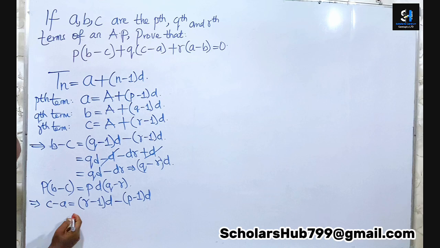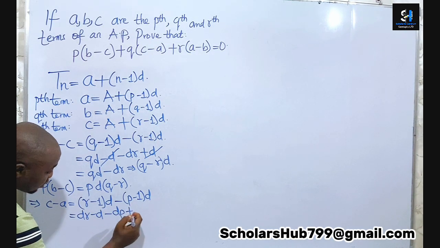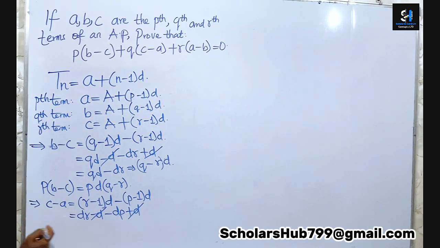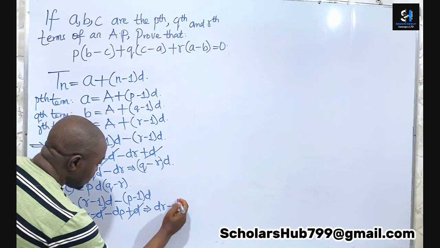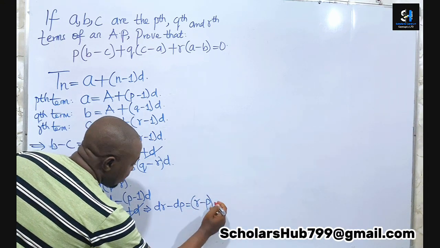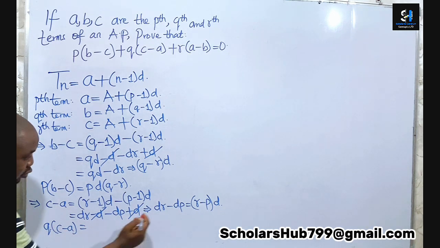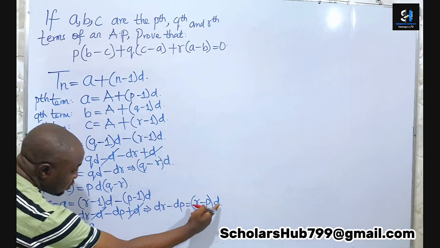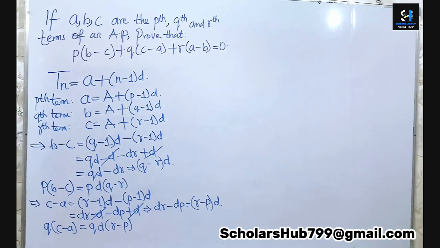Now removing the parentheses, we're going to have dr minus d minus dp plus d. This will be 0. So from here, we're going to have dr minus dp, which will be (r minus p) multiplied by d. So when q is multiplied by c minus a, we have q times what we have here, that will be qd(r minus p).